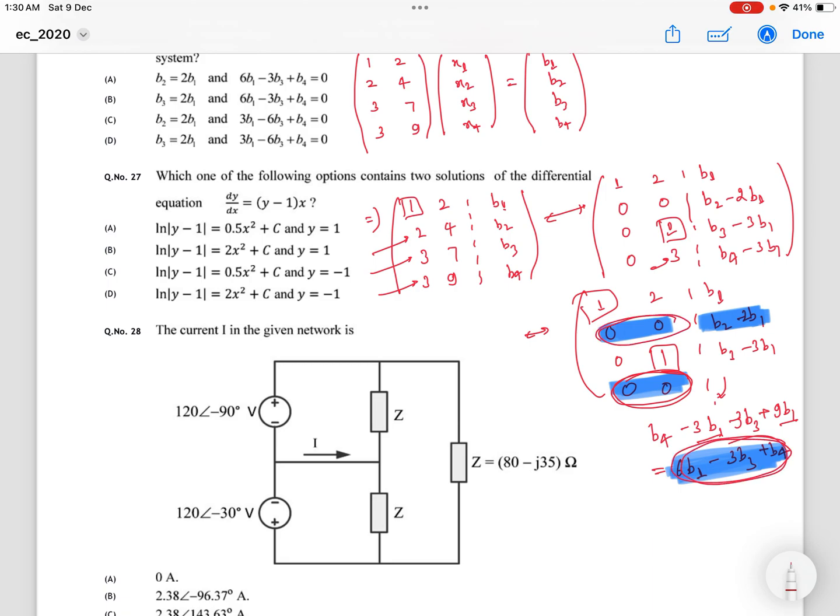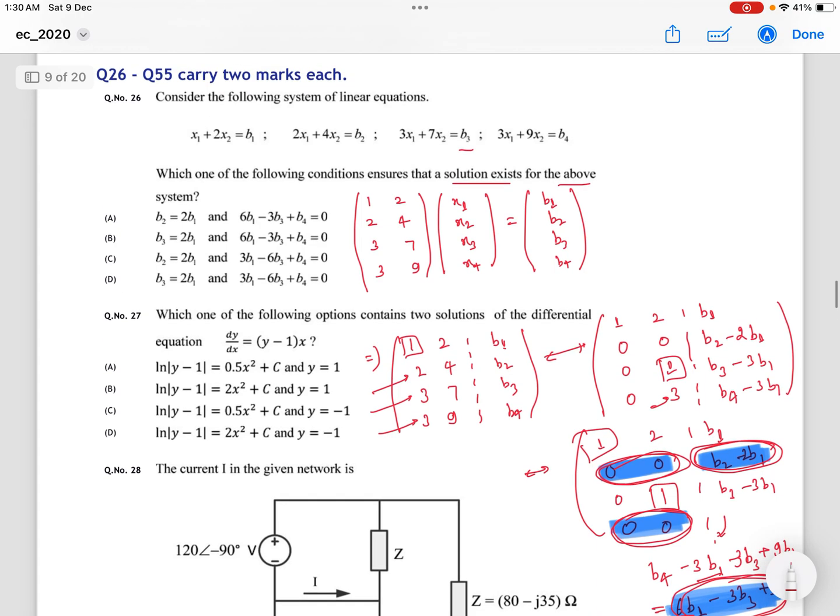Similarly the left hand side is 0, so to have the solution this right hand side should be 0. So the condition we are getting is that b2 minus 2b1 should be 0 to have a solution, and 6b1 minus 3b3 plus b4 should be equal to 0. If we have this condition, then we will have the solution.